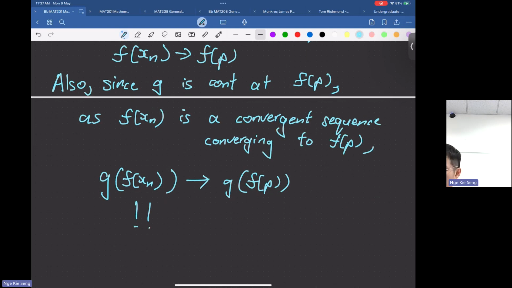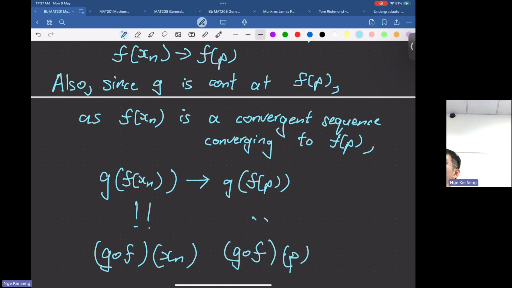These are, by definition, G∘f on s_n and G∘f on p. So this is what we want. Easy to follow? Okay, so far so good.